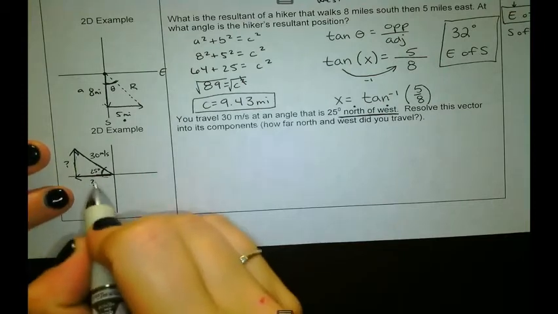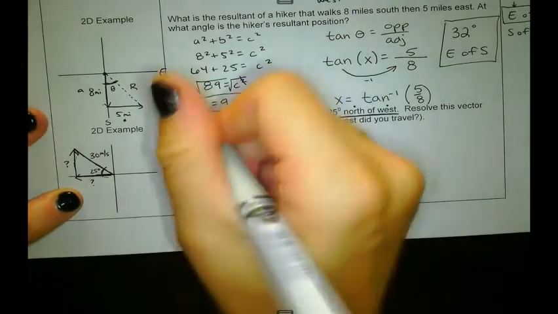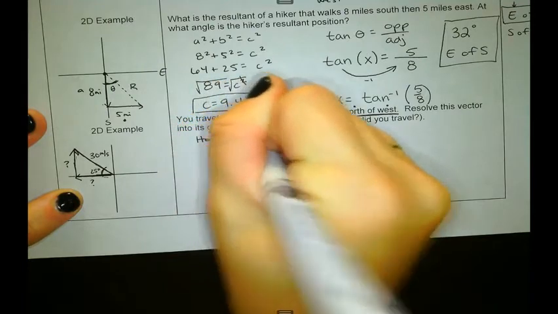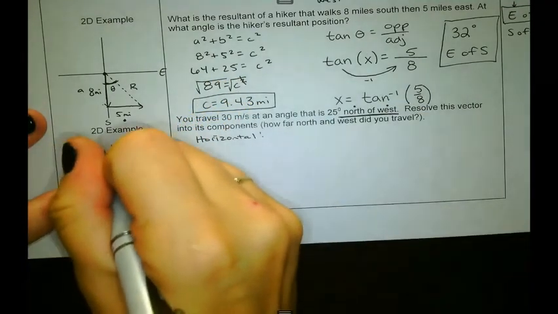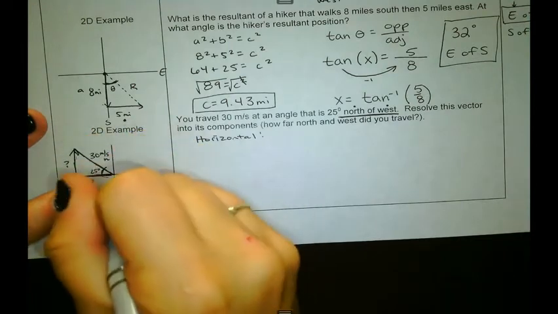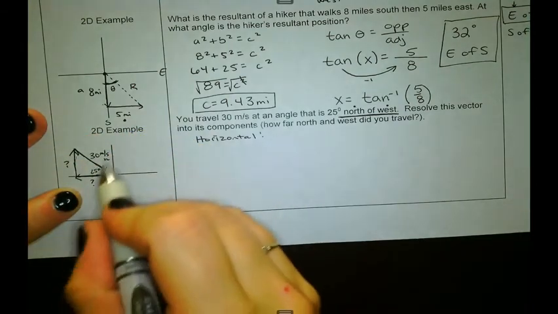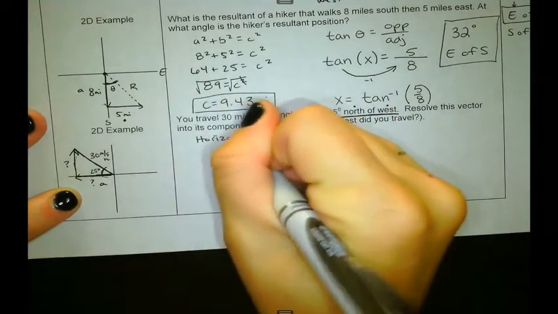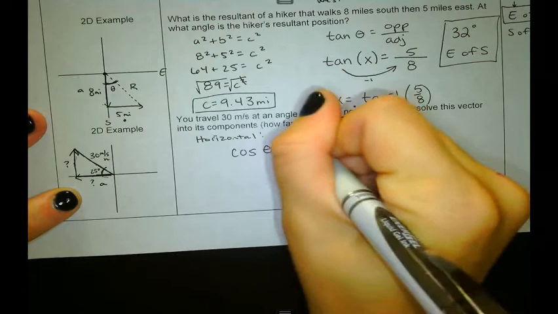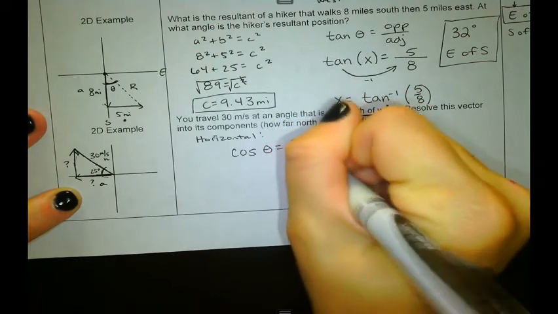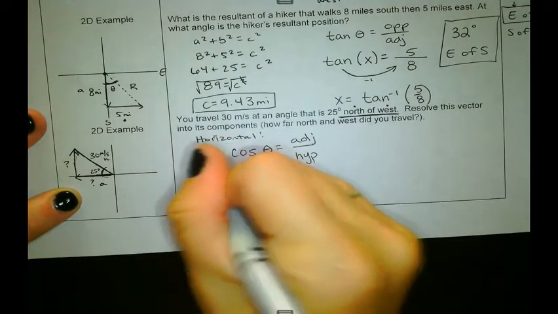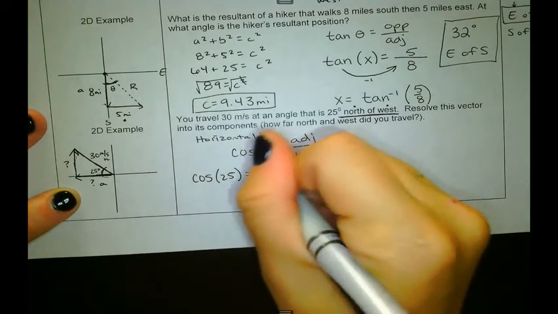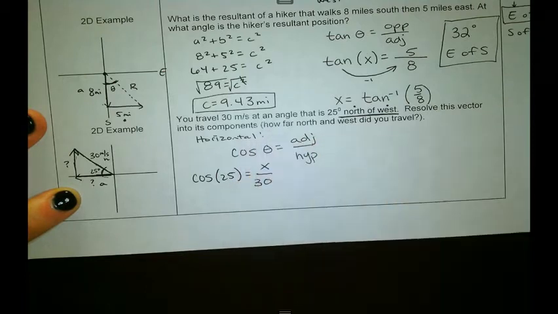Let's start off with my horizontal. This is going to be my hypotenuse, and this will be my adjacent. So I have A and H. A and H is cosine. Cosine of the angle equals the adjacent over the hypotenuse. So I have cosine, my angle is 25, equals my adjacent, which is what I'm solving for, over my hypotenuse, which is 30.